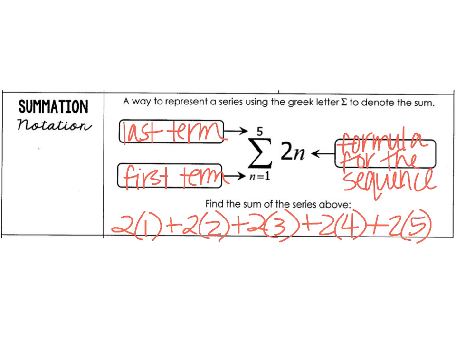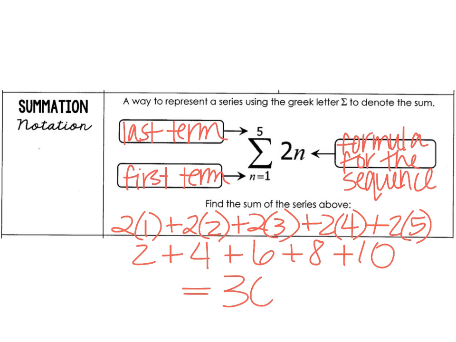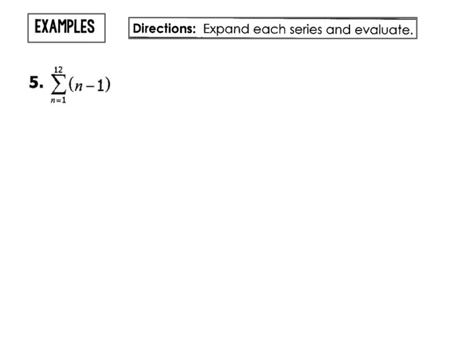That's our last term. So 2, now we're just simplifying, plus 4, plus 6, plus 8, plus 10. We add all these together, and we get 30. So if we see it's in summation notation, our final answer, the sum of the series above, equals 30.